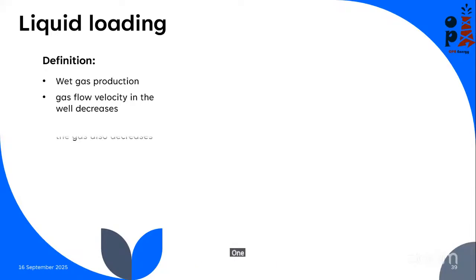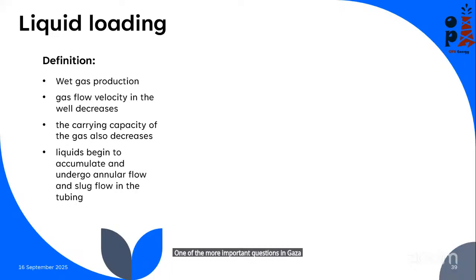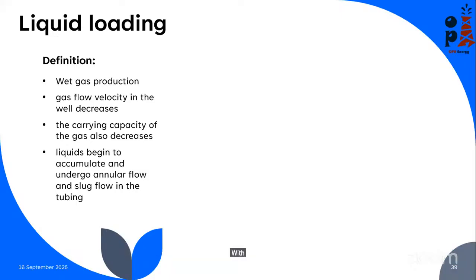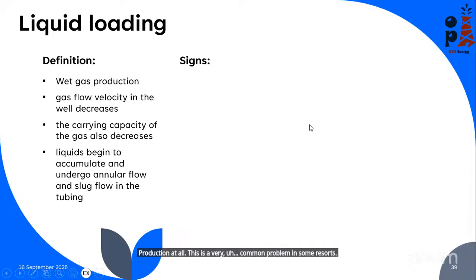One of the more important questions in wet gas production is: when you have gas with water or oil, can liquid build up and drop in the tubing and finally shut off your production altogether? This is a very common problem in some reservoirs, but it has signs.